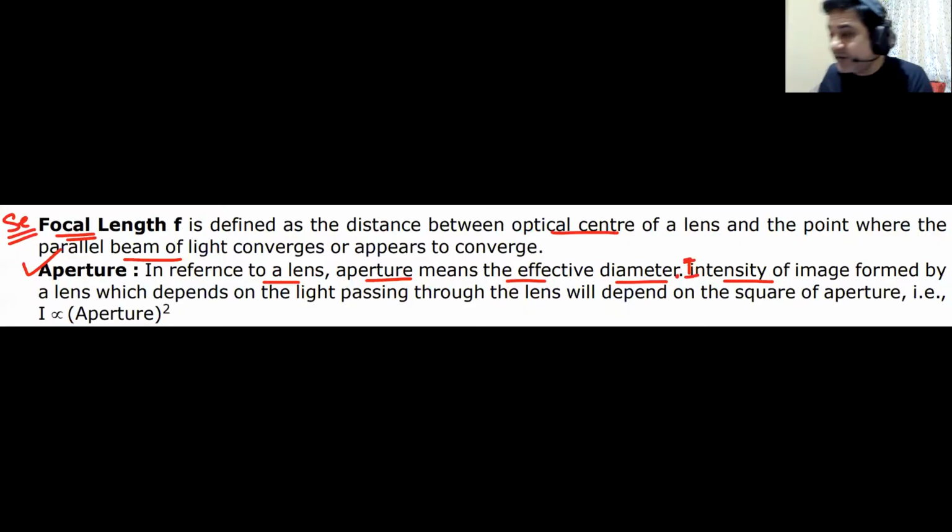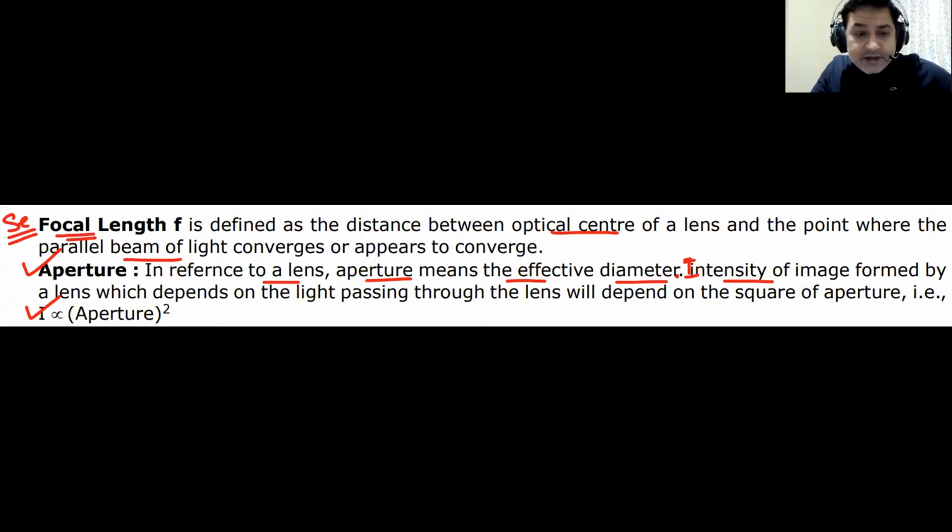The bigger the size of the lens, the bigger the aperture, the costlier is the lens, and it takes a lot of good images because a lot of light can come in, and that is what we refer to as the intensity of light. Intensity of light depends on the aperture square. Do we understand this? I'll give you a minute to note it down.